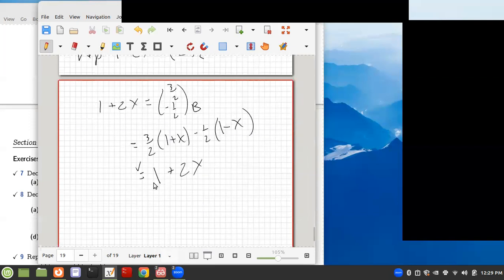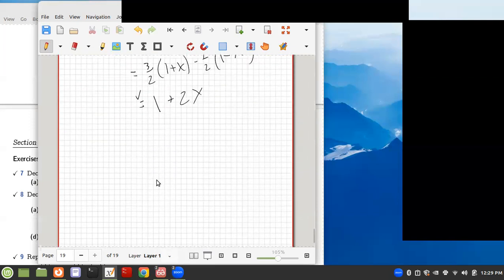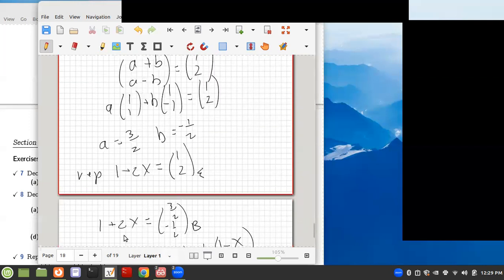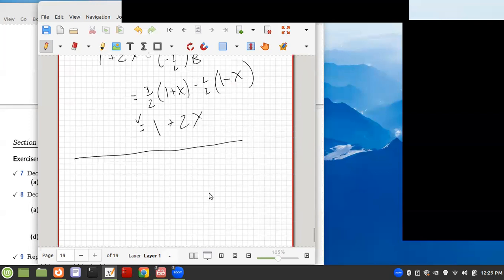Another way we could ask is, what about this? Let's say I had the vector 3, 2 in basis b. What is that in the standard basis? What polynomial is that?